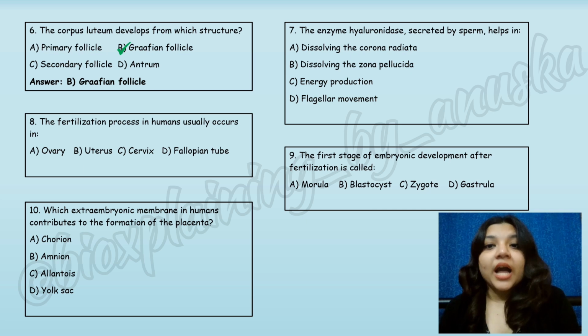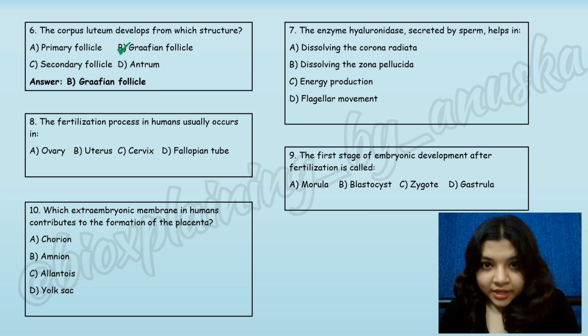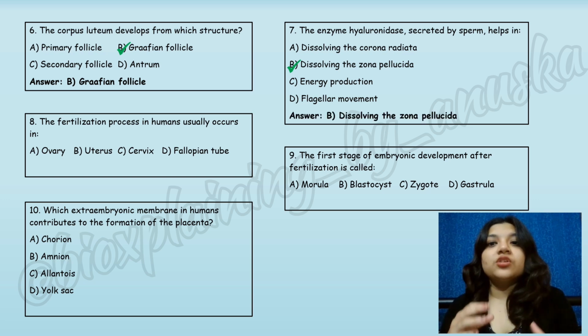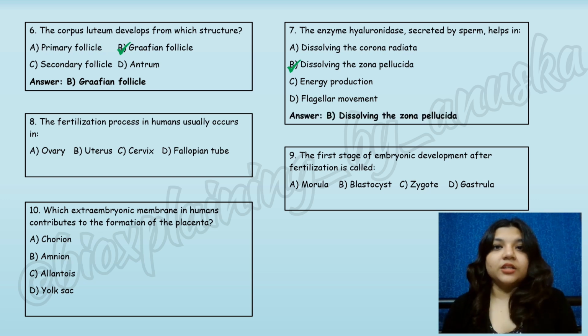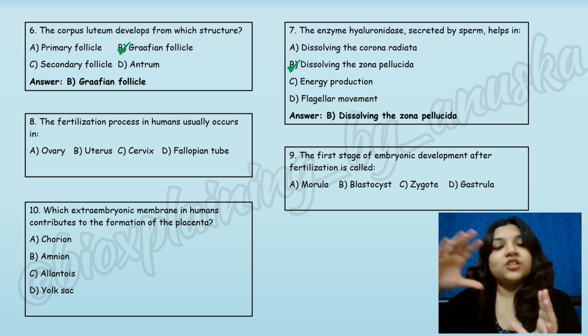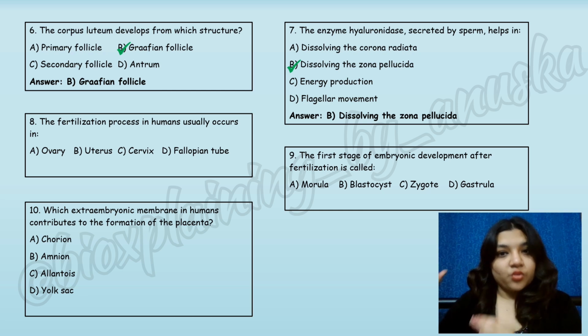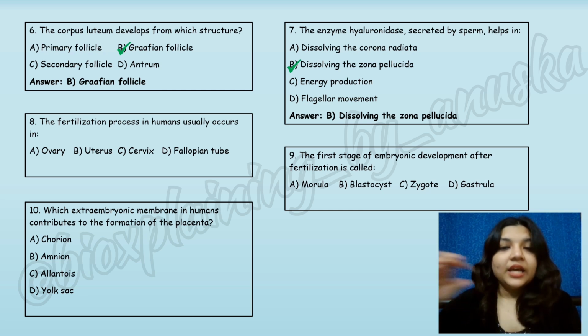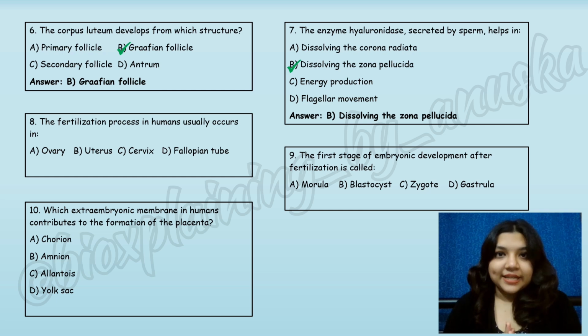The enzyme hyaluronidase secreted by the sperm helps in dissolving the zona pellucida. The zona pellucida is the layer of covering of the female gamete, that is the ovum. Once that zona pellucida gets dissolved, the sperm can release its genetic material into the ovum for fertilization.